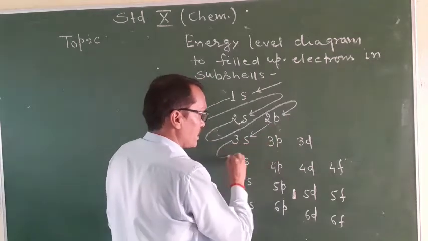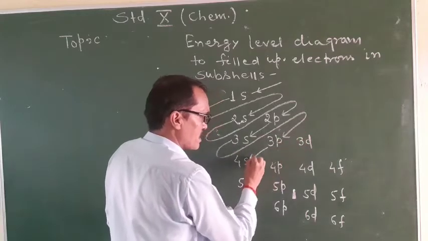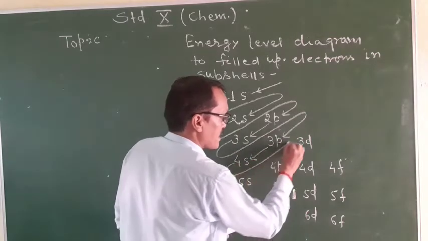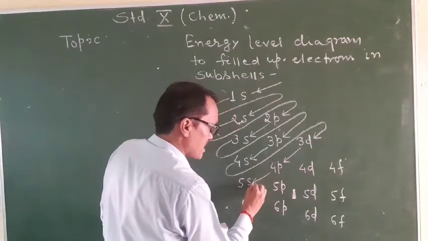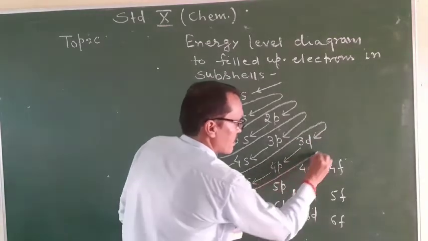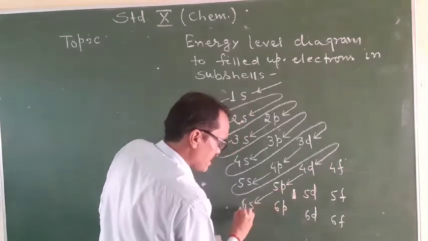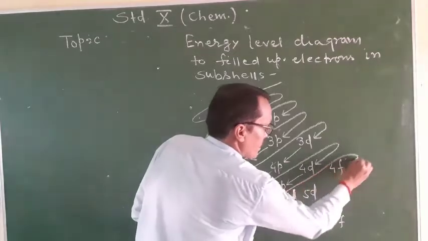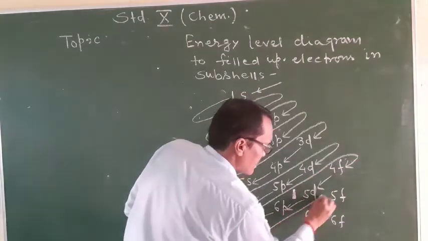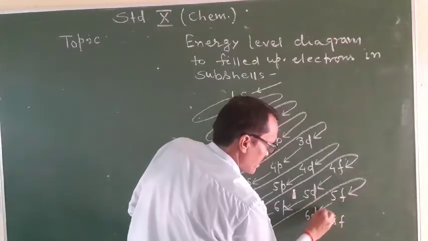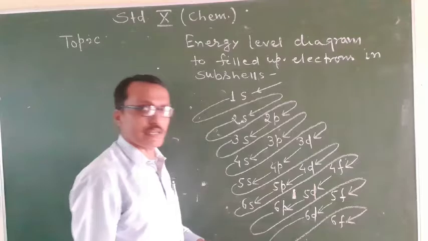Then after that the 3s subcell, then the 3p subcell, 4s subcell, 3d subcell, 4p subcell, 5s, 4d, 5p, 6s, 4f, 5d, 6p, 5f, 6d, and at last 6f.